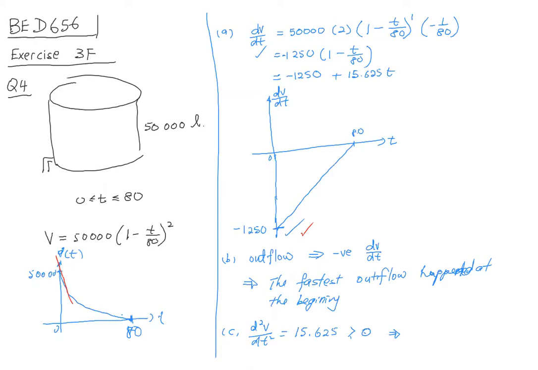Are you talking about the volume or are you talking about the rate of outflow? The rate of outflow. Yeah, you can say the rate of outflow is increasing at a constant rate.